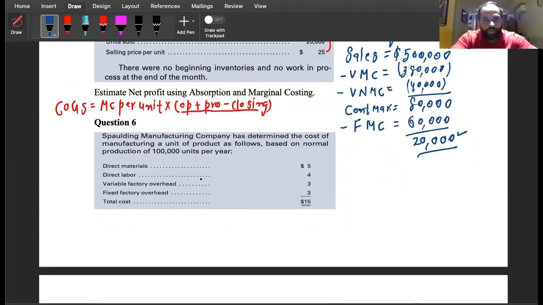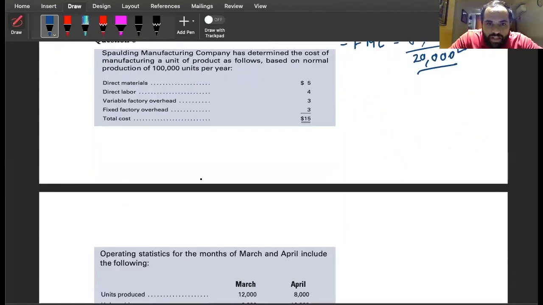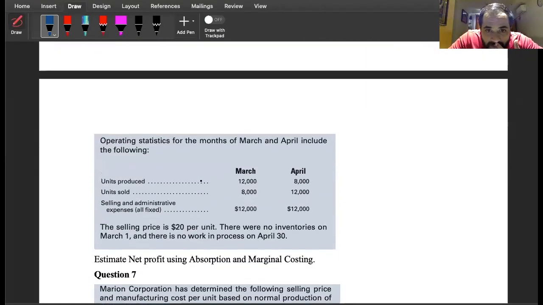So you have all the information, which is direct material per unit, labor per unit, variable factory overheads per unit, and fixed factory overhead per unit. So the total manufacturing cost is $15 per unit. And you have some other information for the 2 months, March and April, right? You have units produced 12 and 8, units sold 8 and 12, selling and administration.